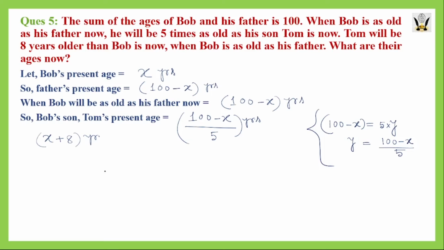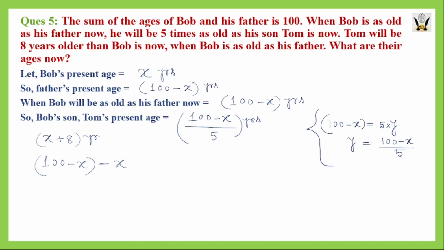So at that point of time in future, Bob's age is what? That is as old as his father now. So father's current age is 100 minus x. So Bob's age at that point of time in future will be 100 minus x. And what is Bob's current age? That is x. So from 100 minus x, if we subtract the present age, suppose I am 15 years of age currently, and after 10 years I will be 25 years of age.